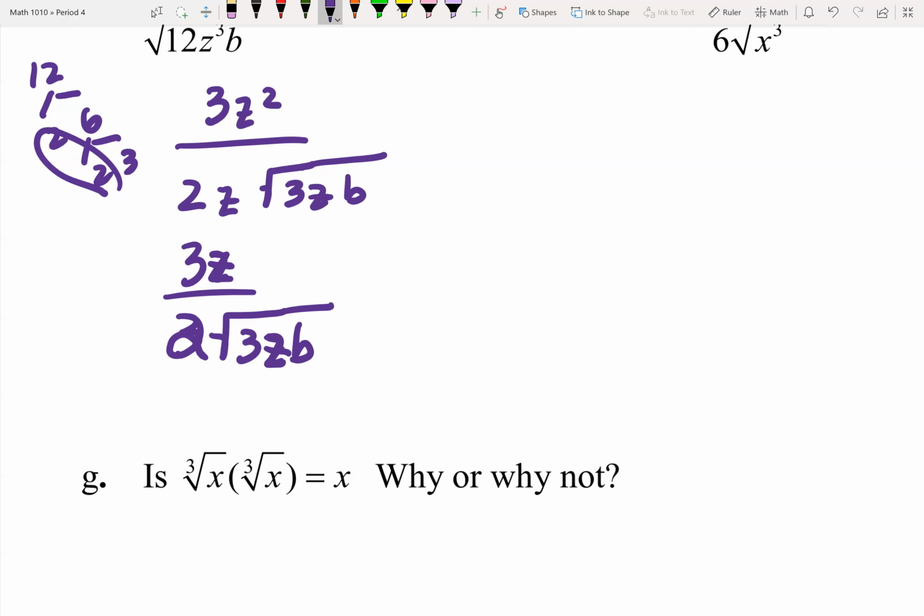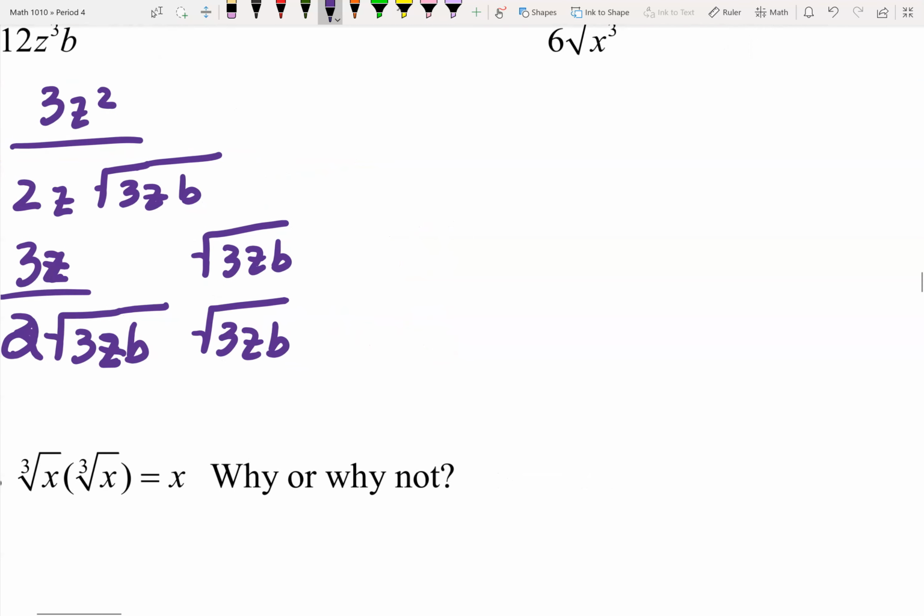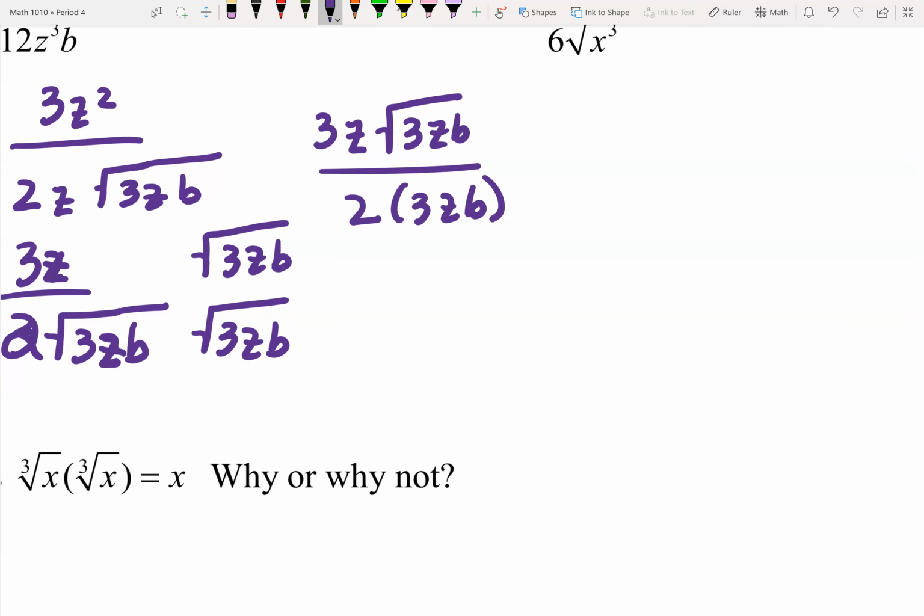Okay, so the 2 on the bottom is fine. It's the bottom square root that's the problem. So multiply top and bottom by the square root of 3zb. So now on the top, I have 3z times the square root of 3zb over 2. Everybody tell me, square root of 3zb times the square root of 3zb is 3zb, right? And now I could make it a 6 and then reduce.